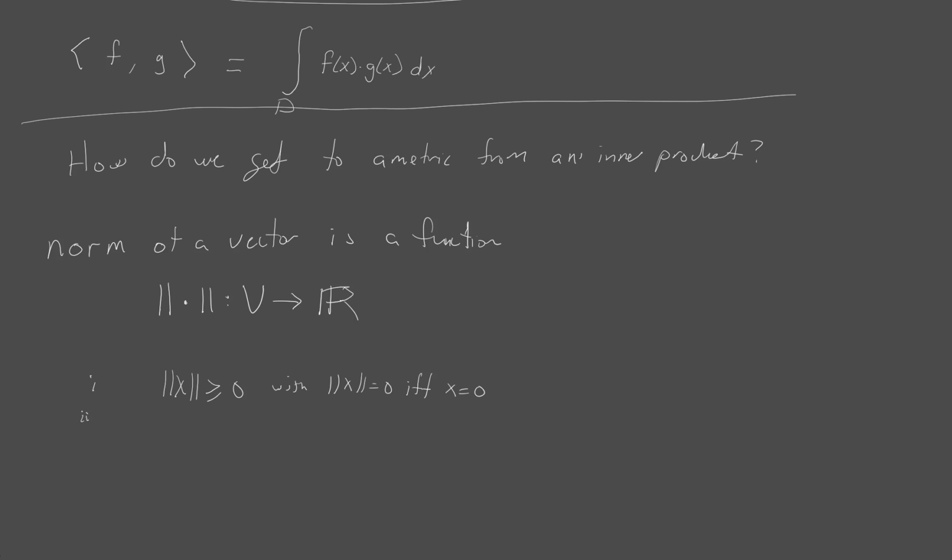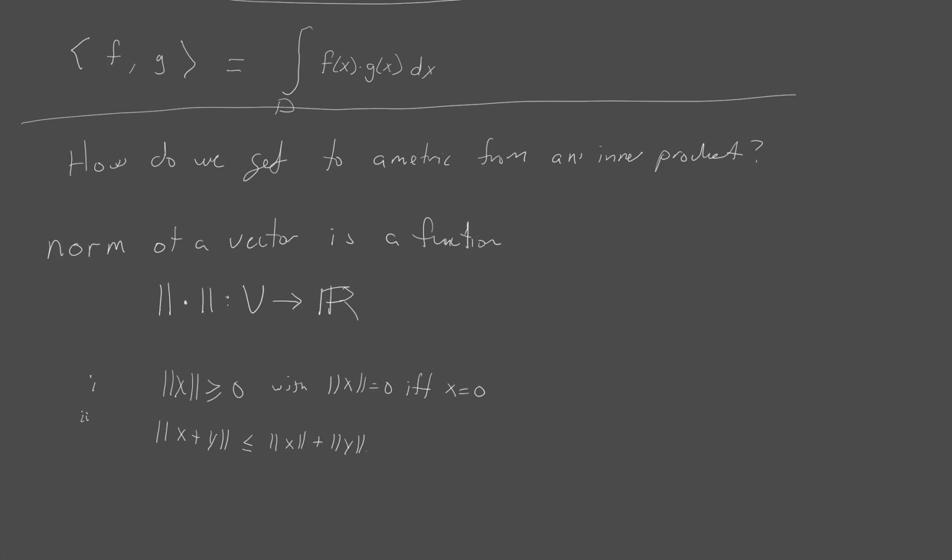And what else do we want? We want the triangle inequality to hold. So if I take the norm of a sum of two things and split it up, it's smaller than or equal to the sum of the norms of the individuals.